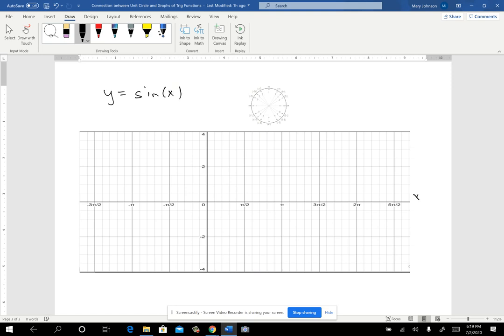Okay, so this is my x-axis. It's really a real number, but it helps, I think, to think of it as that's where the angle would have been. And then the y-axis, the y values would be the sine of that angle. So again, it's going to be important to keep in mind the coordinates of the ordered pairs for these quadrantal angles.